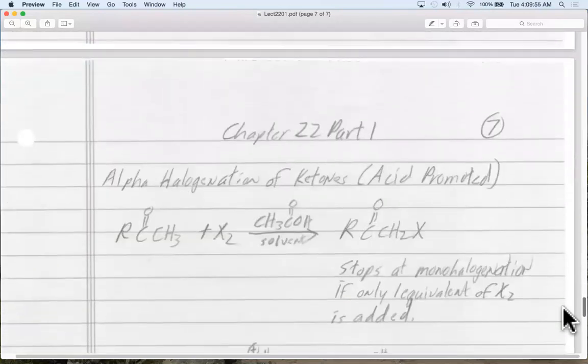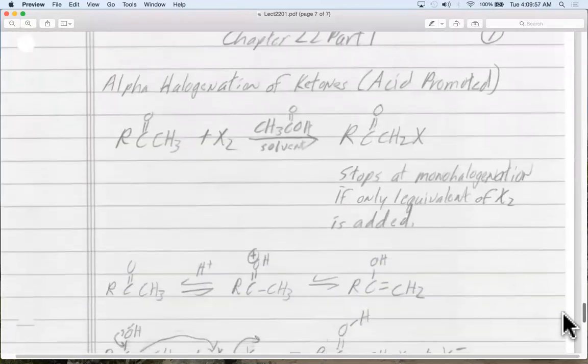But what happens if you do the reaction in acidic solution? Oftentimes we use the halogen in acetic acid as a solvent. Notice if we use the acetic acid as the solvent for this reaction, it's no longer in basic solution, it's in acidic solution. So acidic reactions stop at the monohalogenation reaction if you only add one equivalent of the halogen.